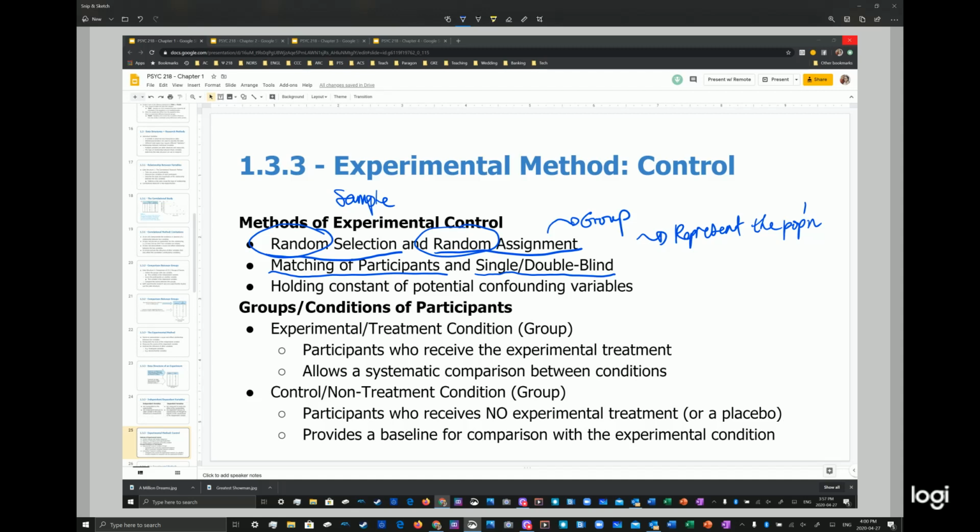In double blind, not only does the participant not know which group they're in, the experimenter, or at least the researcher who's assigning the groups, doesn't know what group each participant is in either. And this is another factor to eliminate things like unfair measurement, because, for example, if I happen to know which students were using a textbook and which students don't, I very naturally would have a bias against students that don't use the textbook.